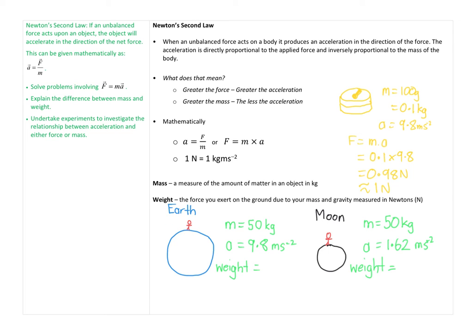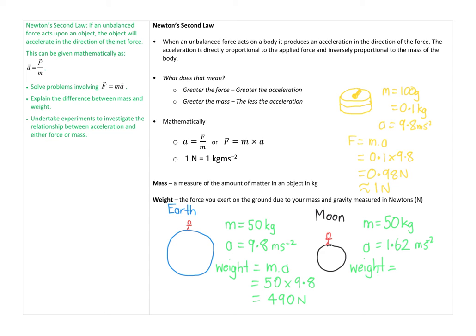If you're standing on the earth and you have a mass of 50 kilograms and the acceleration due to gravity on the earth is 9.8 meters per second squared, your weight will be equal to mass times acceleration, which will be equal to 50 times 9.8, which will be equal to 490 newtons.